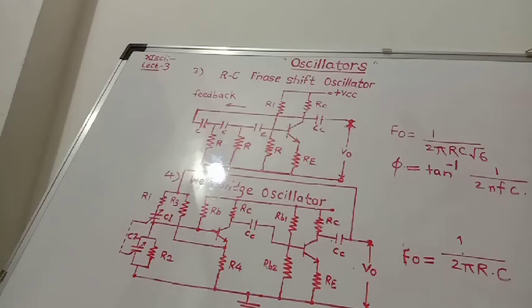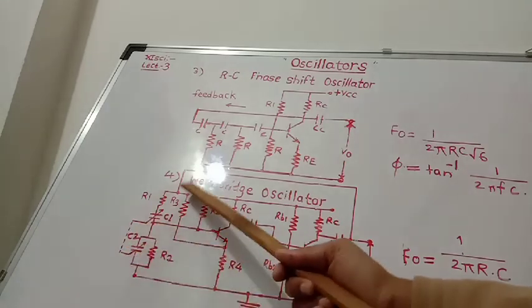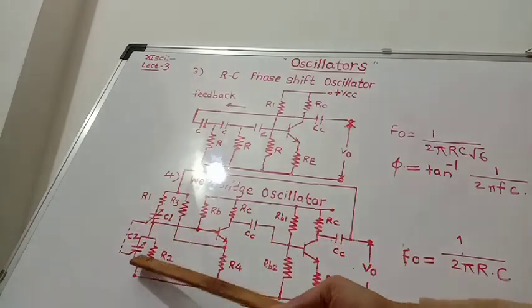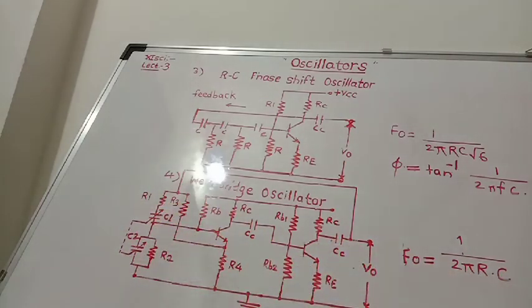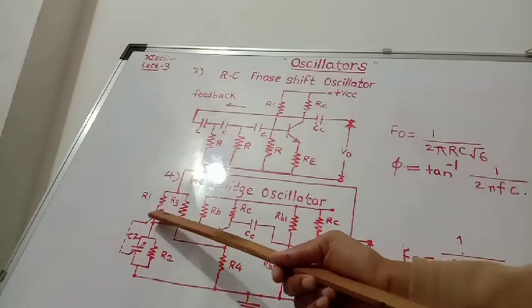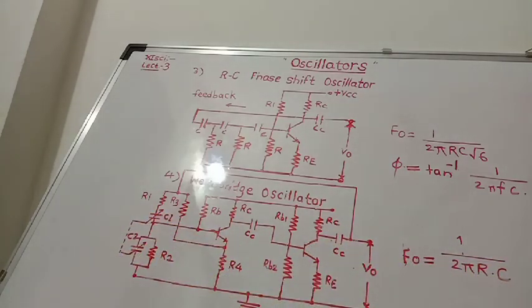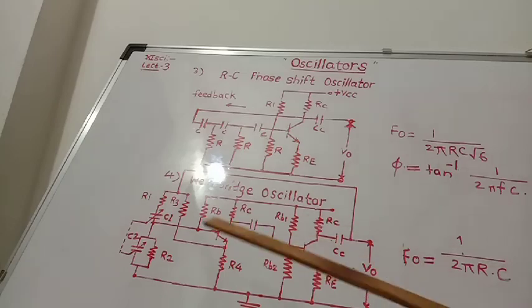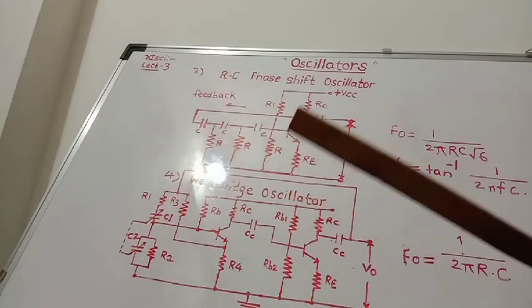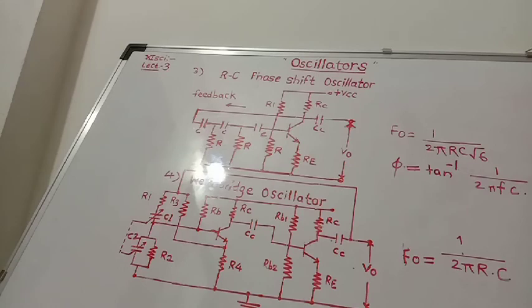The frequency of oscillations can be varied by varying the two capacitors C1 and C2 simultaneously, because this is an air gang capacitor. In a gang capacitor, the capacitances of C1 and C2 are varied simultaneously.